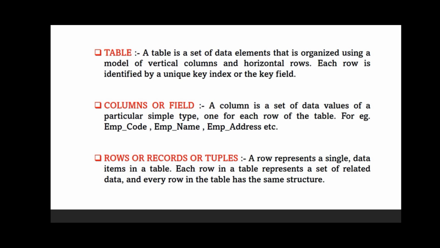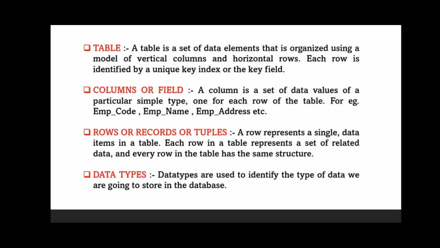Next, columns or fields. A column is a set of data values of a particular type, one for each row. For example, employee code is a column, clear, and employee name is another column or field. Then rows or records or tuples, which are already explained. Each row in the table represents a set of related data. For example, the first row contains the data of the first employee, clear.